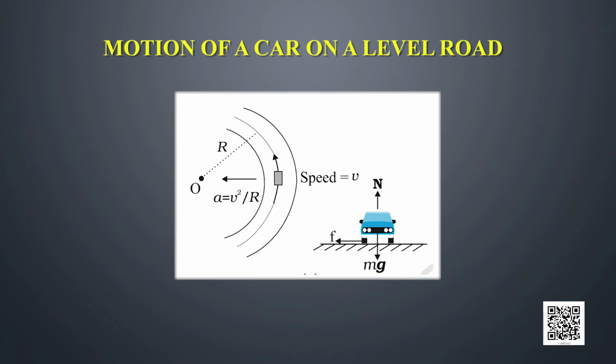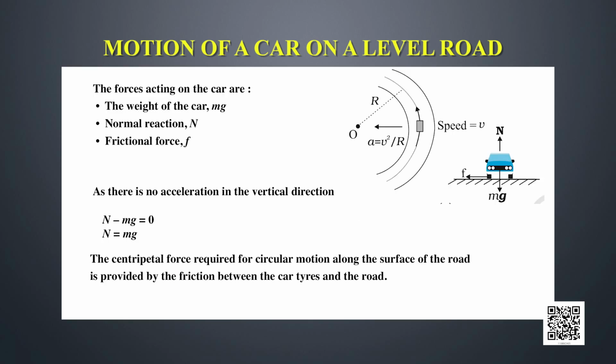The force required for circular motion is mv square over r. As you can see from the diagram, the forces acting on the car are the weight of the car mg vertically downwards, the normal reaction capital N vertically upwards, and the frictional force denoted by small f.